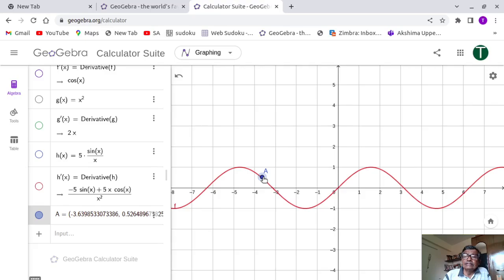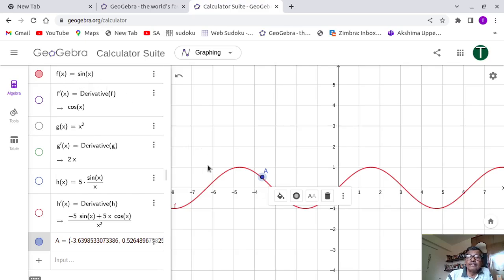Now the statement of the problem is, you have a graph which is sin x. What is the name of that graph? f(x). f is the name of the graph.